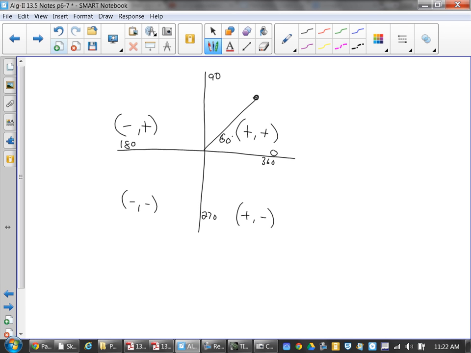Oh, wait, no, I'm in degrees. Okay. So the sine of 60 is, let's make it easier on your brains here, do sine of 30. We'll do the sine of 30. 0.5. Okay. So the sine of 30 is a half.